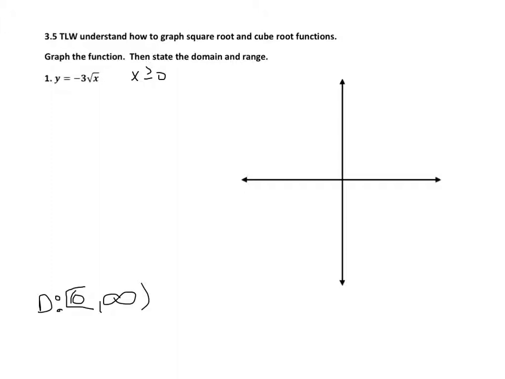Okay, so what do we do? Well, to graph it, I'd pick the first 3 perfect squares. So I'd do 0, 1, 4.